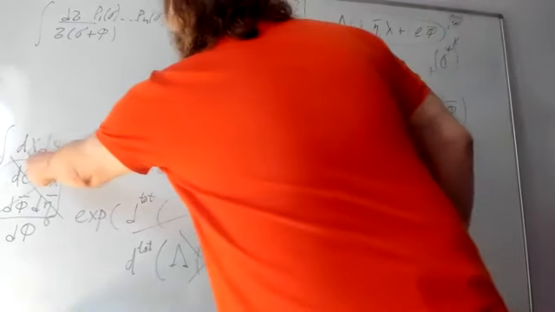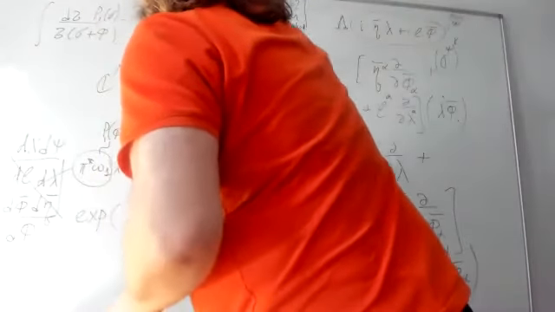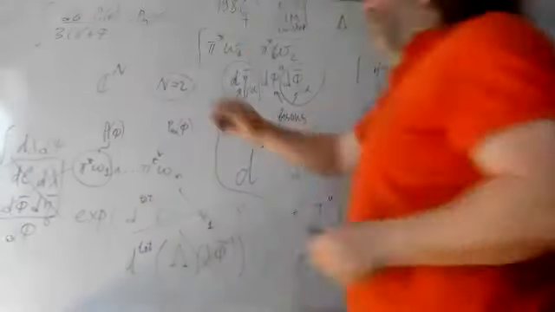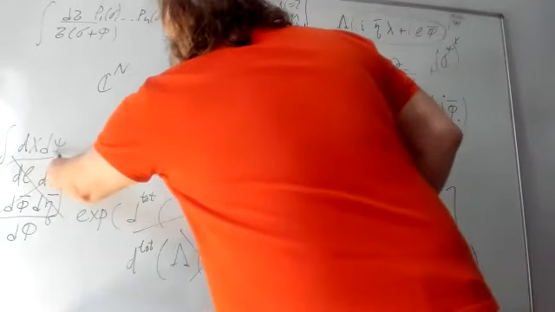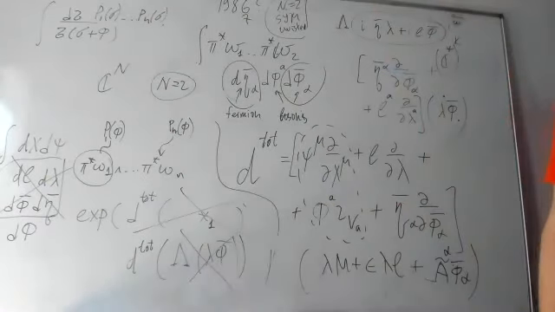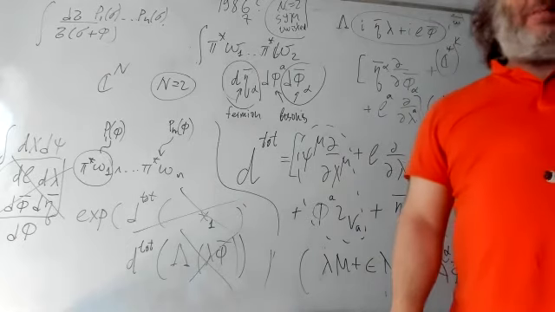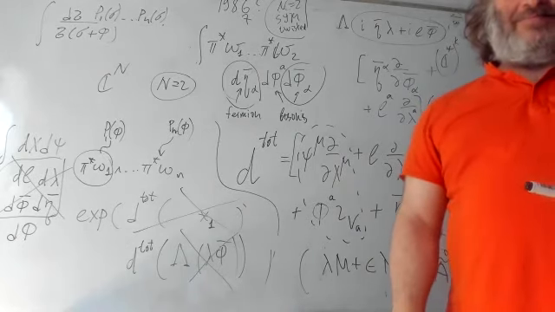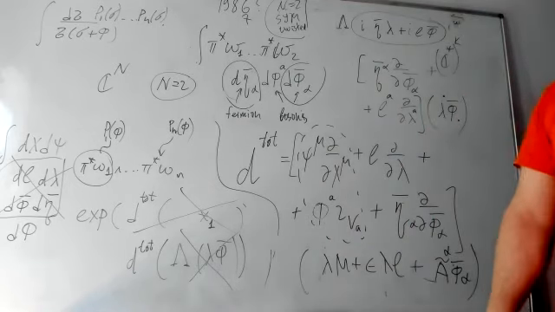We are left with the integration over C to the power n. In our case, n equals 2. And we know how to do it equivariantly, because we have equivariant localization formulas.